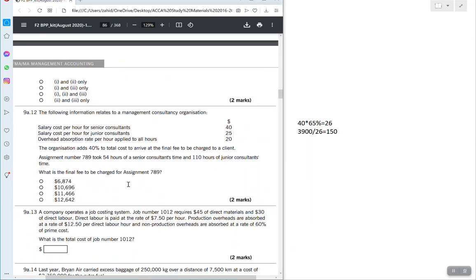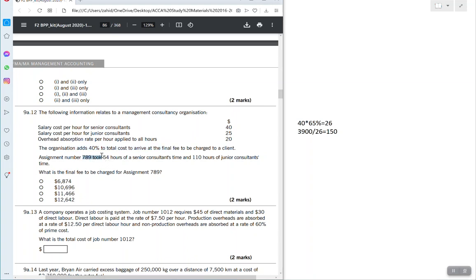What is the final fee to be charged for assignment 789? The following information relates to a management consultancy organization: salary cost per senior, salary cost per junior, and an overhead absorption rate per hour applied to all hours. The organization adds 40% to total cost to arrive at the final fee to be charged to the client.